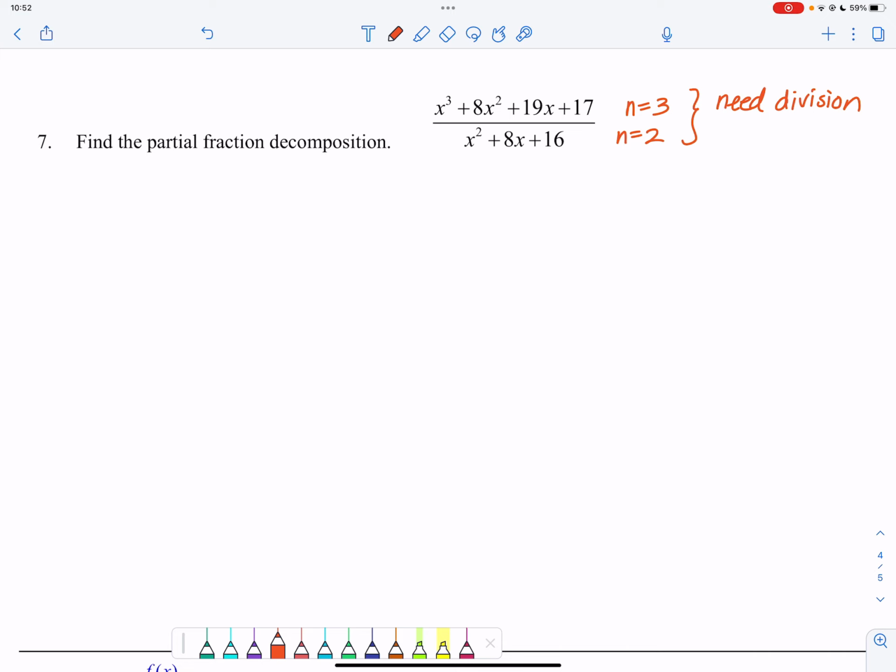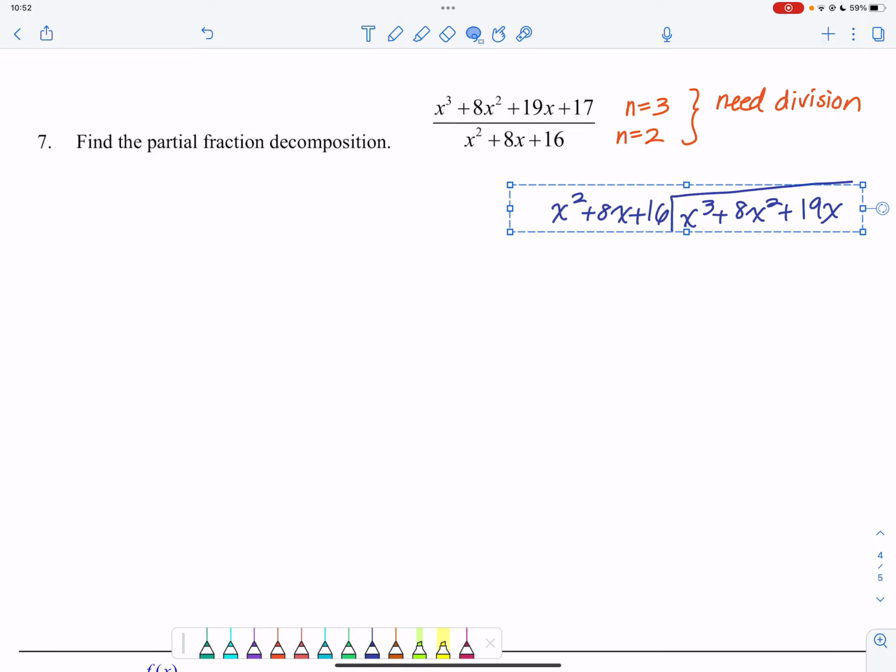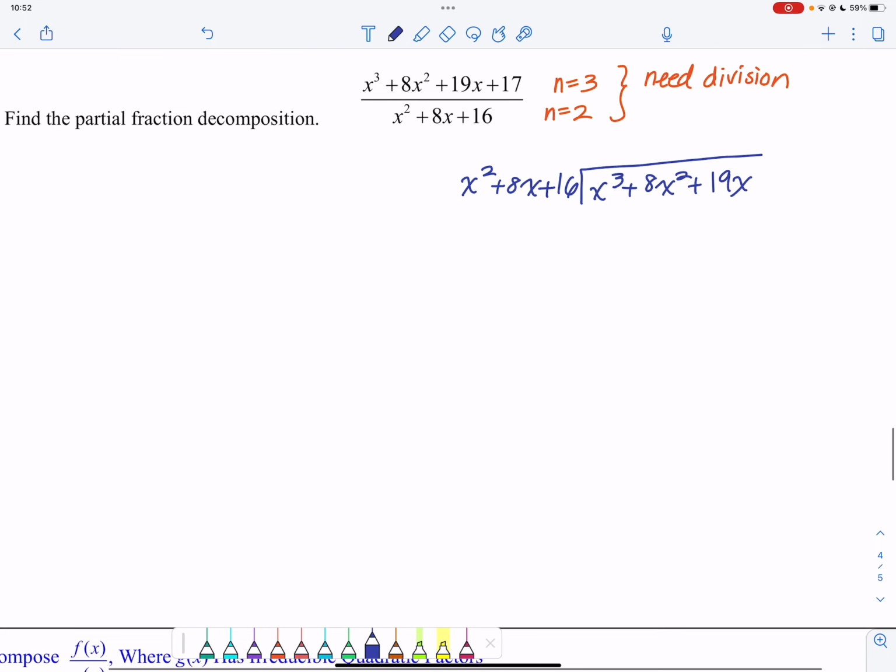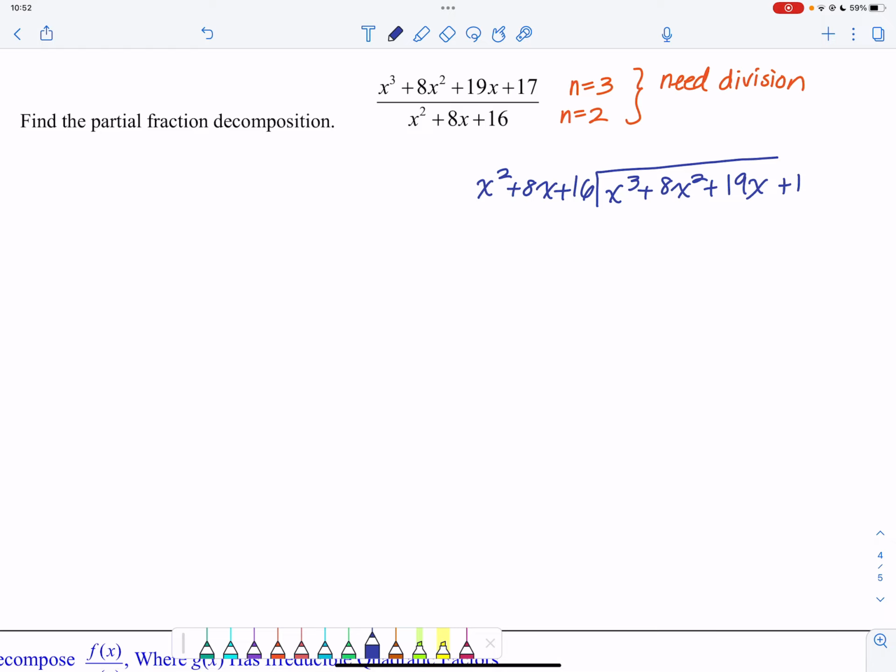We have to use long division. So I will have x squared plus 8x plus 16 as the divisor, and x cubed plus 8x squared plus 19x. Need to move over to get my dividend written.